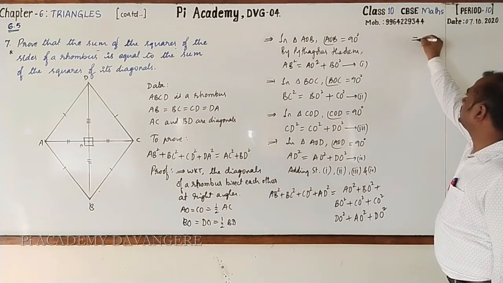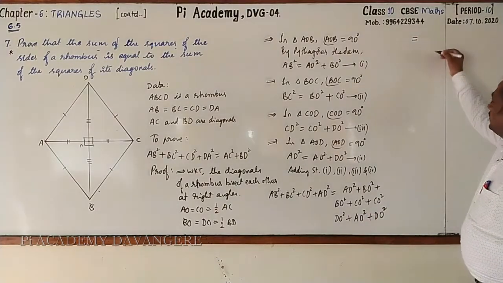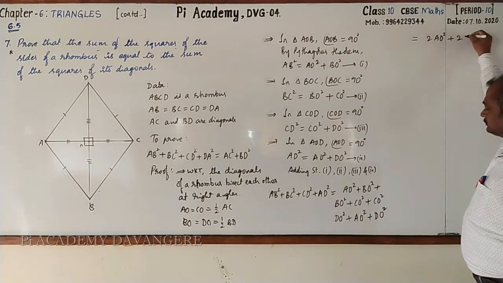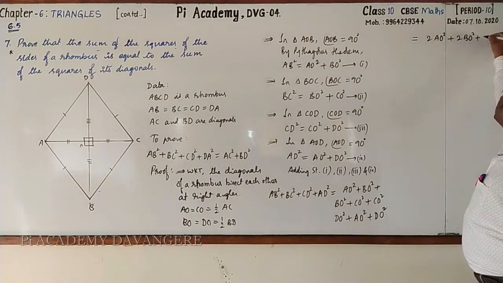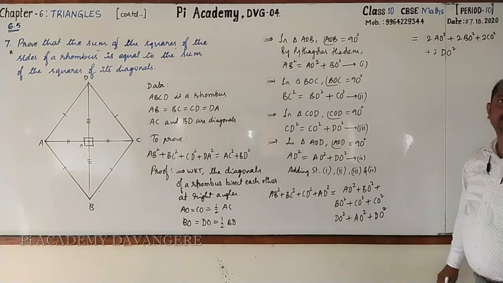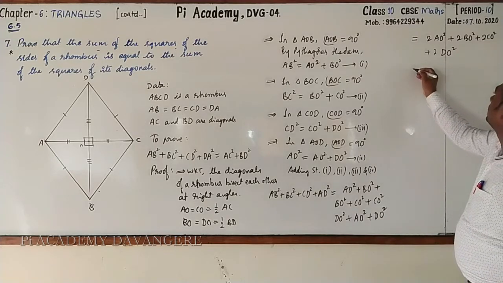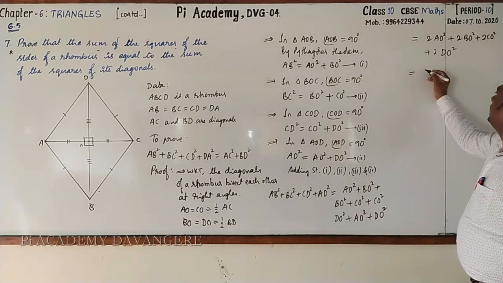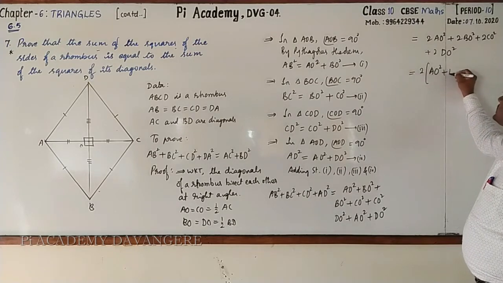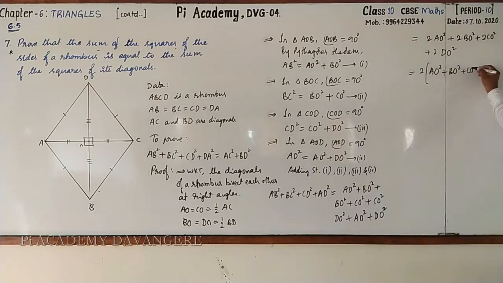So I will continue that here. It is equal to 2 times AO square plus 2 times BO square plus 2 times CO square plus 2 times DO square. Next, on the right, 2 is taken as common factor: AO square plus BO square plus CO square plus DO square.